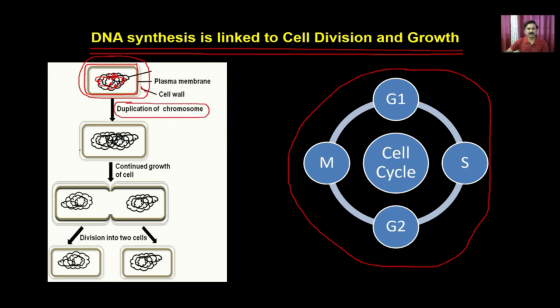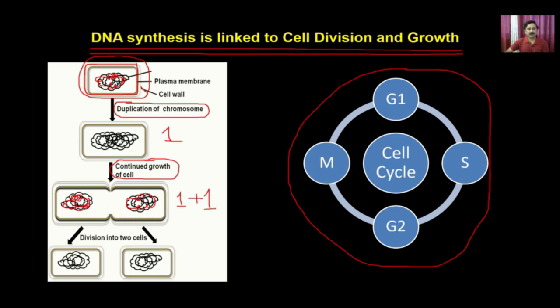The bacteria will also grow, so the bacterial cell is going to be double the size, and it is going to have two chromosomes. One is on this side and the other one is on this side, which means here you have one set of chromosome, whereas here you are going to have 1 plus 1, but still these two chromosomes are present in a single cell.